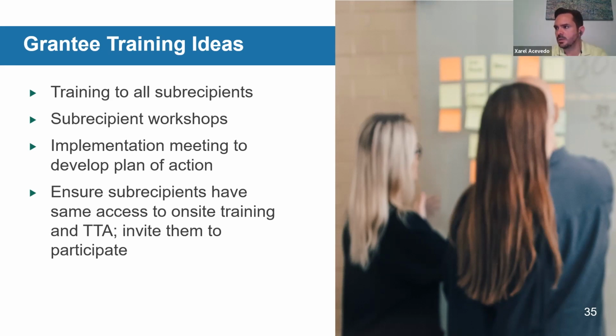Don't just train them and let them do things on their own. Have more of a hands-on approach. Okay. And then lastly, ensure subrecipients have the same access to on-site training and TTA, and invite them to participate. Keep them involved. Okay. Next slide, please.